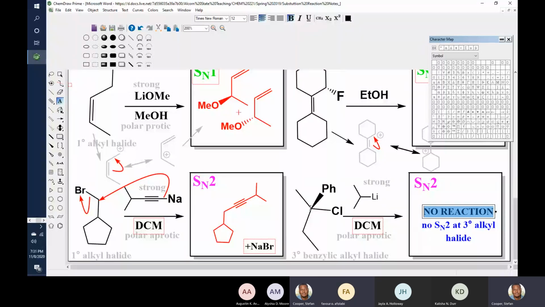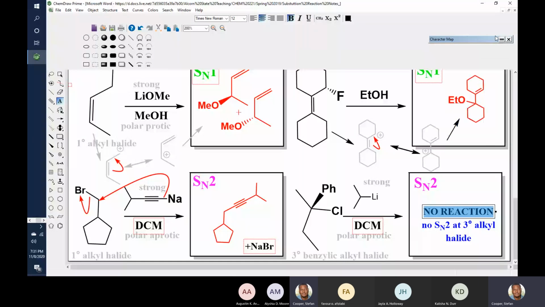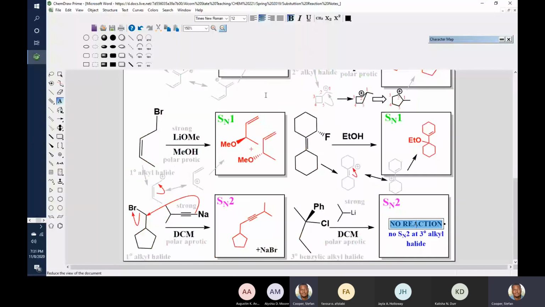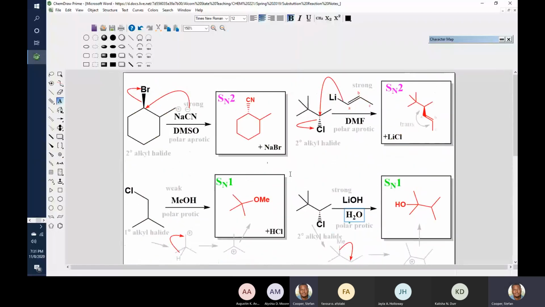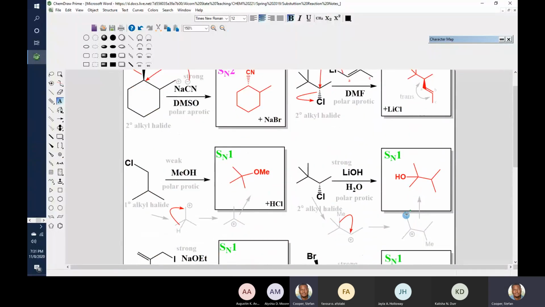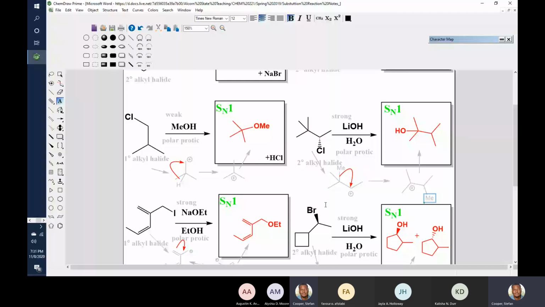But for the SN1s, we draw the intermediate product. So actually, everything in gray I don't need to see. That's all mental, but you can practice doing it on a sheet of paper. Only show this if I ask for the mechanism. If I ask for the product, I'm just looking for this.